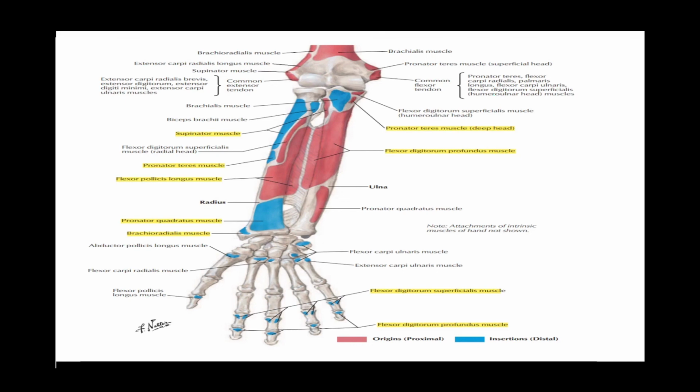The humeral part of the humeral-ulnar head, because the ulnar part of the humeral-ulnar head comes from the coronoid process of the ulna. Okay, and the flexor digitorum superficialis inserts there, as we've seen. The palmaris longus inserts into the flexor retinaculum and blends with the palmar aponeurosis.